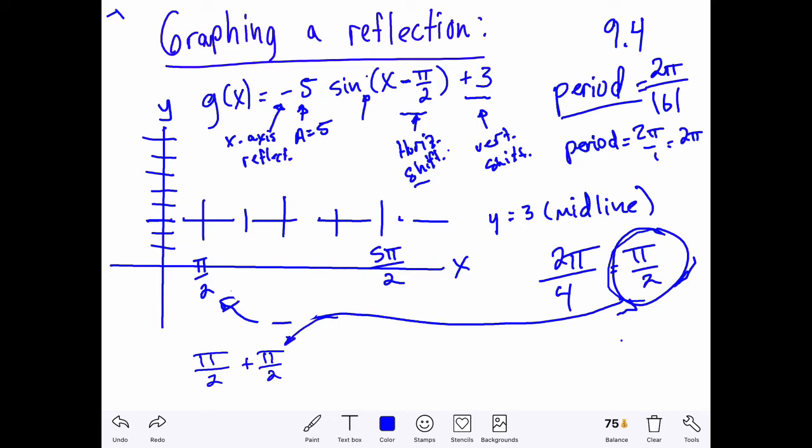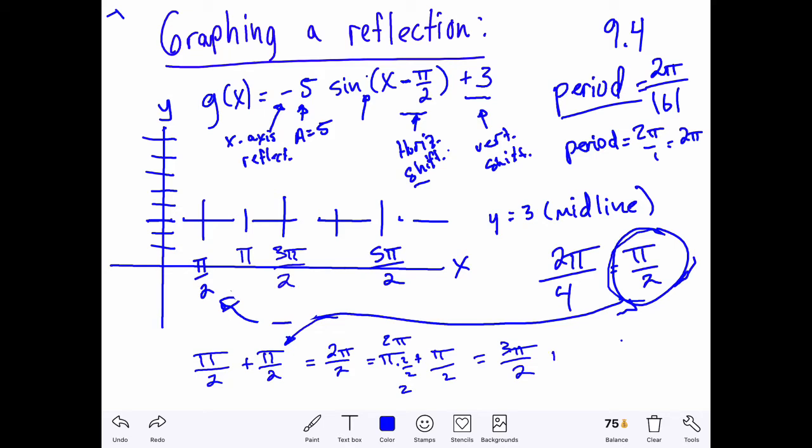Okay, so pi halves plus pi halves would be 2 pi halves, which is pi. So pi. And then I'm going to add pi halves to it again. Well, pi is the same, if I multiply by 2 over 2, that would be 2 pi halves plus pi halves is 3 pi halves. 3 pi halves.